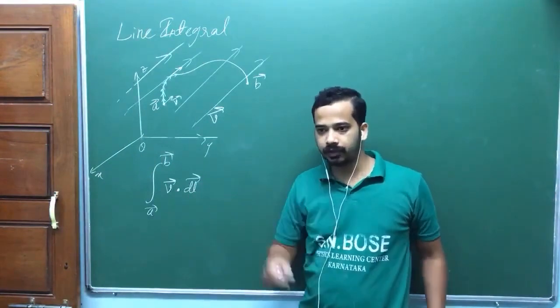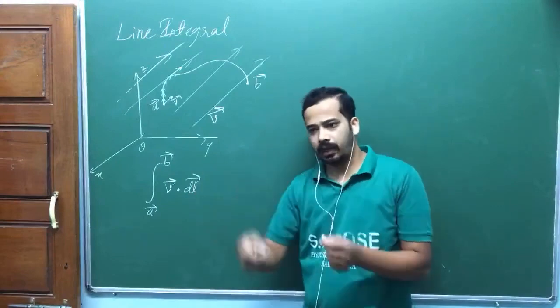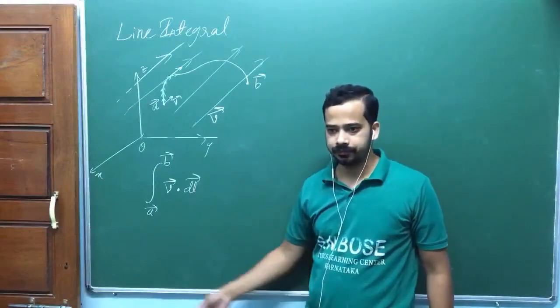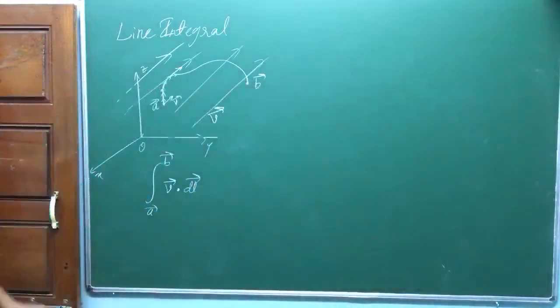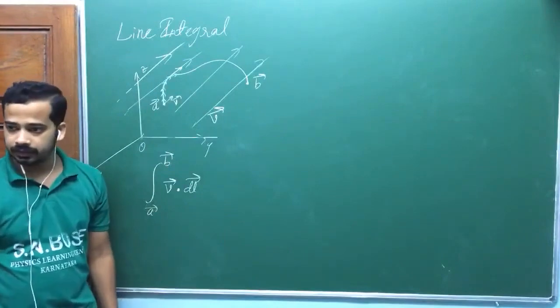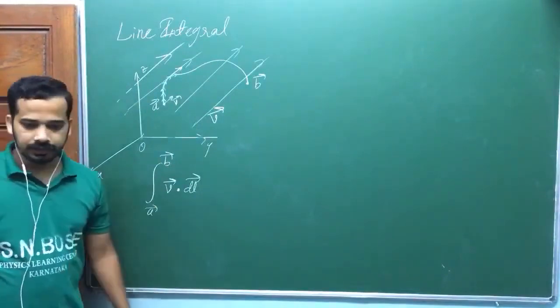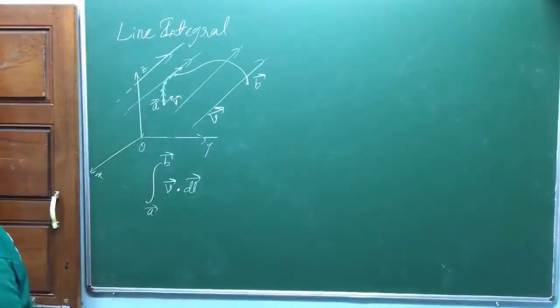You can define the dl vector from a point to the neighboring point, which is arbitrarily close to that point. That's why you can define this dot product at each and every point on that line, and you can take the integral of these dot products. The dot product is a scalar, and you are adding that up.